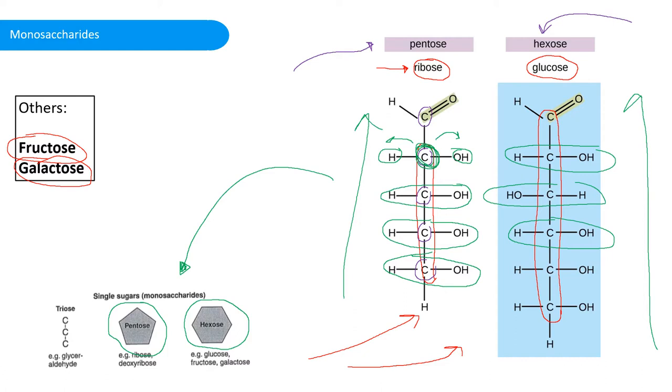So hopefully from this slide you've got the names of monosaccharides, and you've got the basic structure in that they're a carbon backbone with H2O basically springing off it, and you've got a couple of groups at either end, a hydrogen at one end and a double bonded oxygen and a hydrogen at the other.